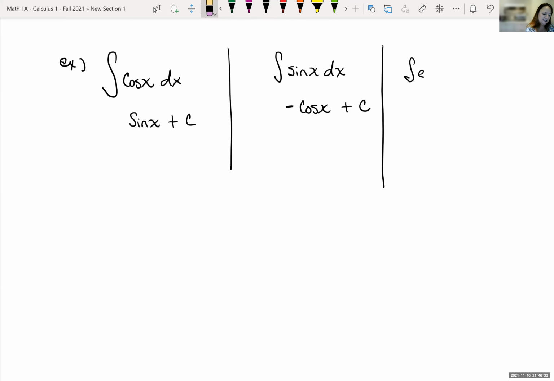So what if it was the antiderivative of secant squared x dx? So think about which trig function, when you take the derivative of, is secant squared x. And that one is tangent x plus some constant c.